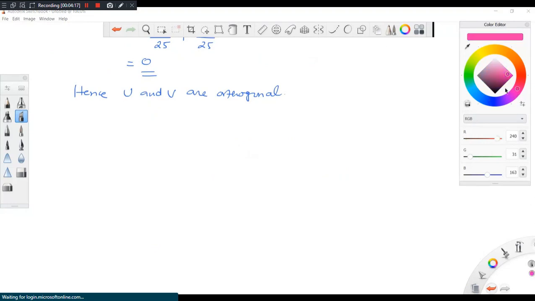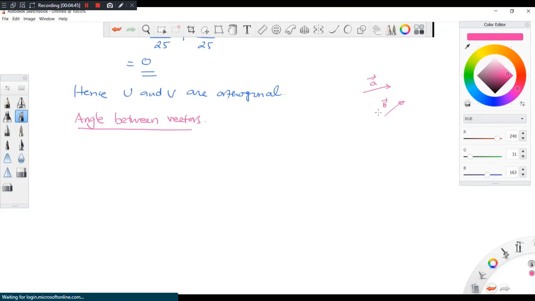Now the another thing is, how do you measure the angle between vectors? So next is angle between vectors. The Euclidean space, it's not a curved space. Suppose I have a vector A bar and I have another vector B bar.